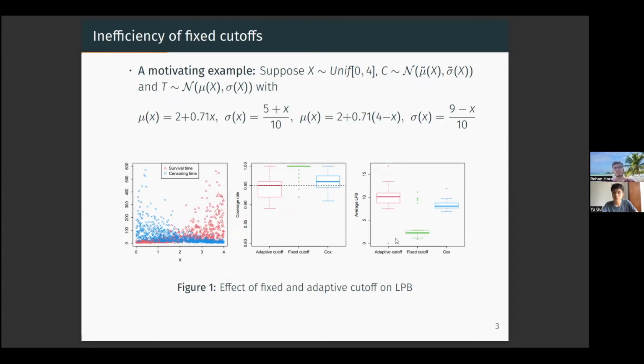Here in this setting, C and T have opposite trends with respect to the covariate. In such a setting, if we use a fixed cutoff, then our calibrated LPBs will be very conservative, while choosing an adaptive cutoff will solve this issue.